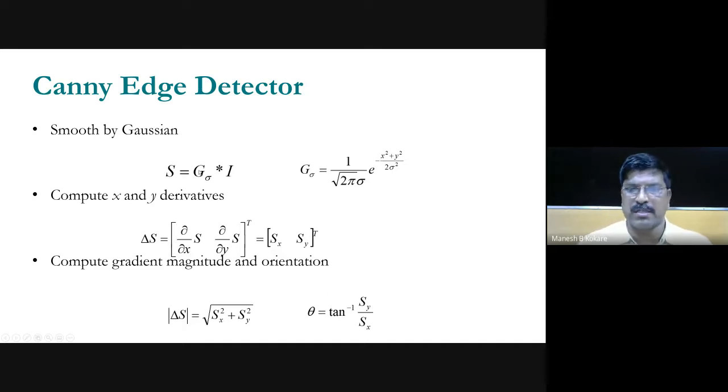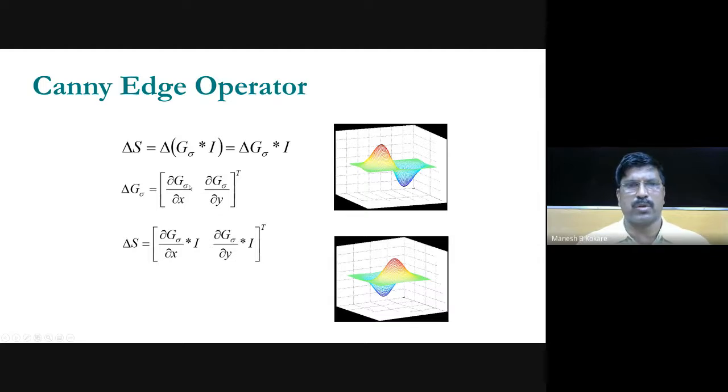So the steps are: first you do Gaussian filtering, then you take the derivative of that Gaussian, and after that you find the magnitude and then the angle.